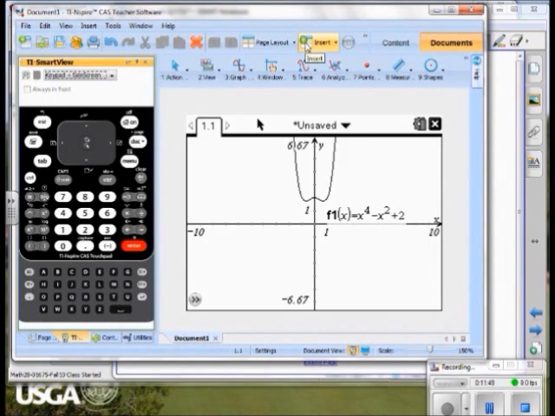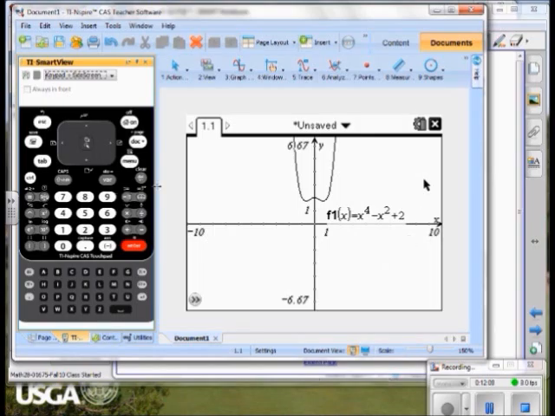Now we know we need a better window, don't we? We had a point of input 3, output 74. Is that wrong? X to the 4th minus x squared plus 2.